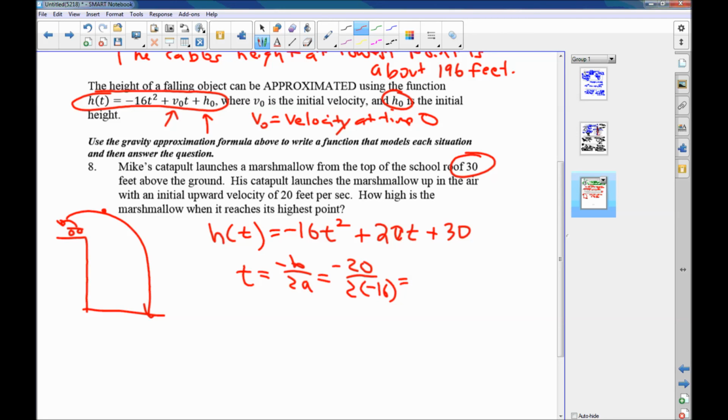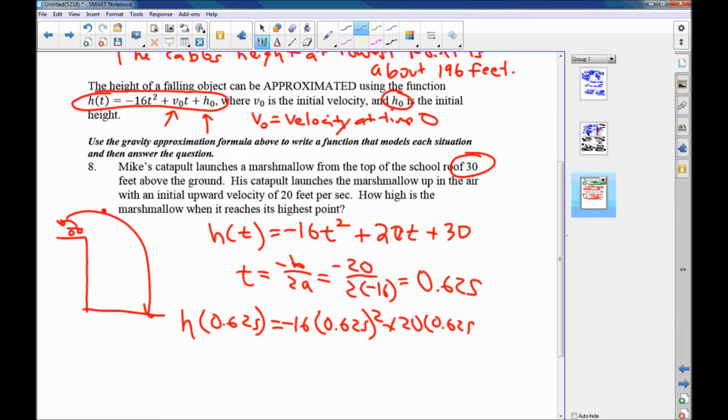So at time 0.625, this marshmallow is going to reach its highest point. So not even 1 second into the flight. All right, so now we just plug that in and see what the height is at that time. So at time 0.625, h equals negative 16 times 0.625 squared plus 20 times 0.625 plus 30.